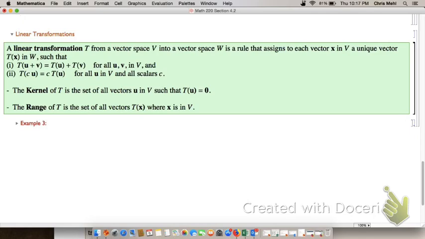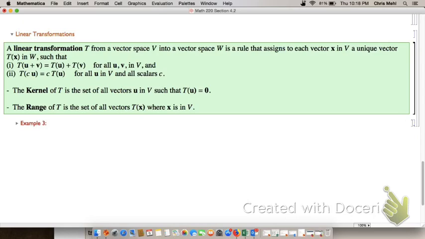T of u plus v is T of u plus T of v, so the transformation has to distribute over vector sums. And if you take the transformation of a scalar times a vector, that scalar can pass through the capital T. So T of Cu would be C times T of u, for all u in the domain, the vector space V, and all scalars C.